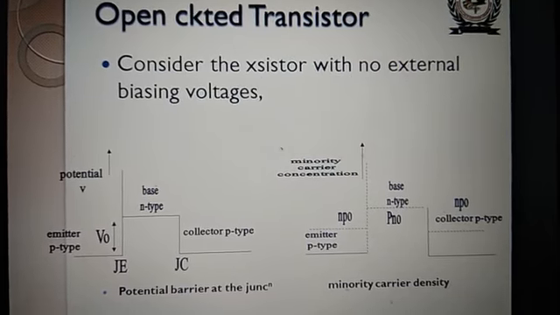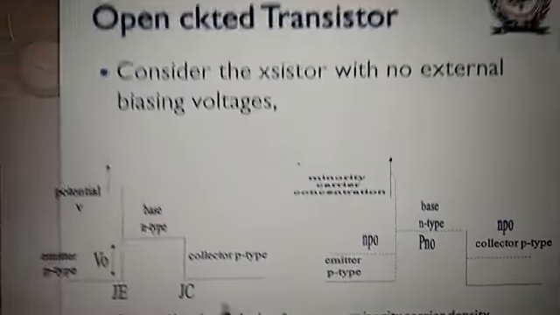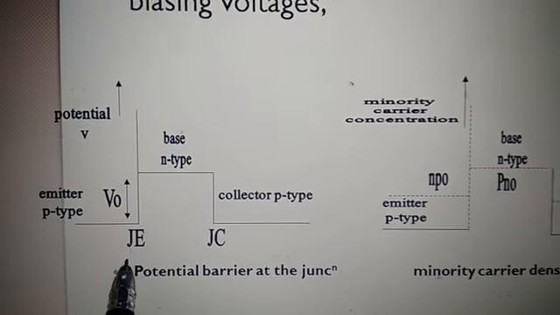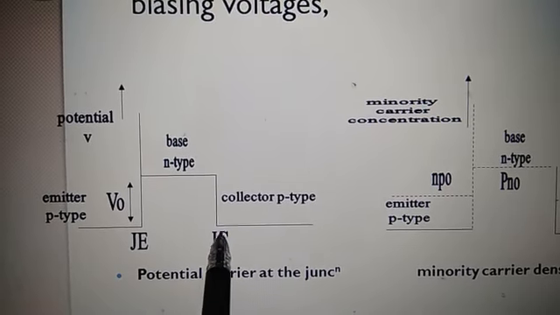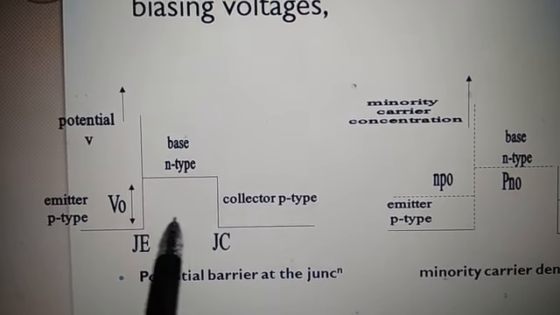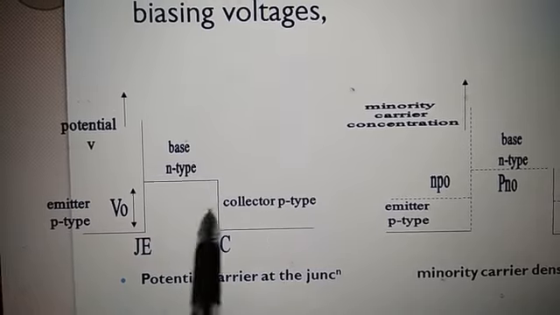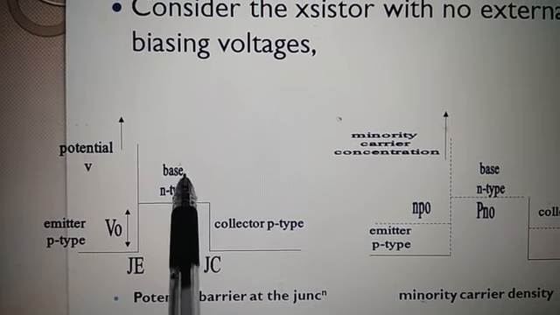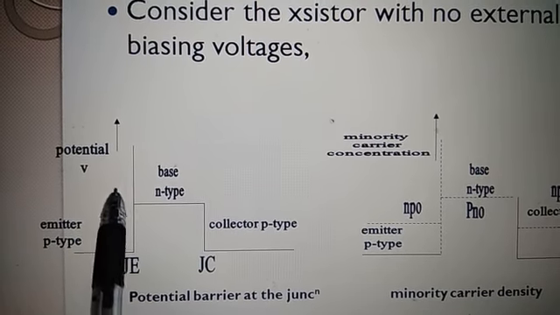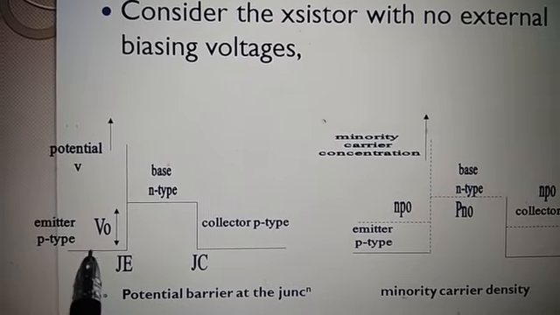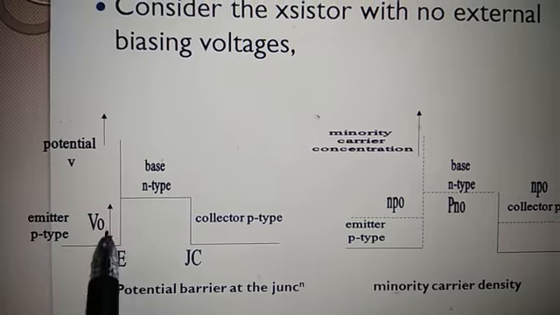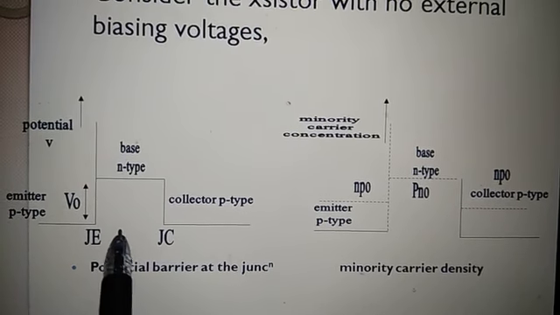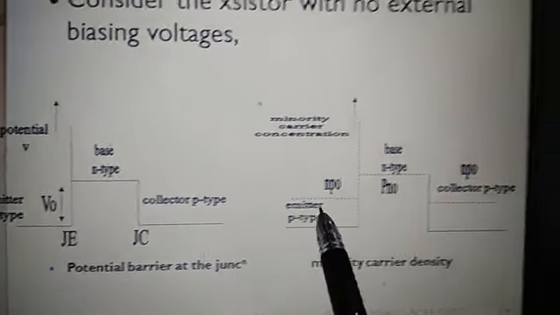Consider the transistor with no external biasing voltage. At present we are not connecting the battery. Then this is the emitter junction, this is the collector junction, and the emitter is P type while the collector is P type, PNP, and this base is N type, and this is the potential V here. This V0 is the base potential shown here, the junction potential or potential barrier at the junction.